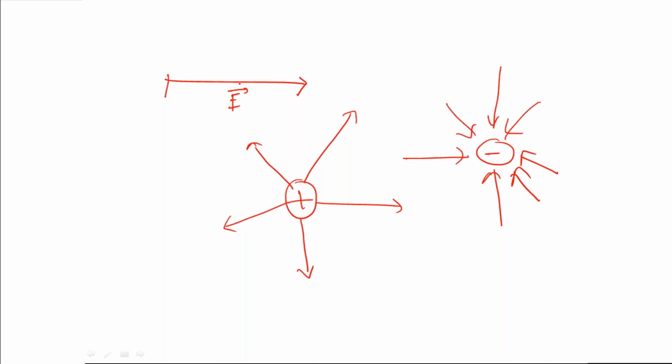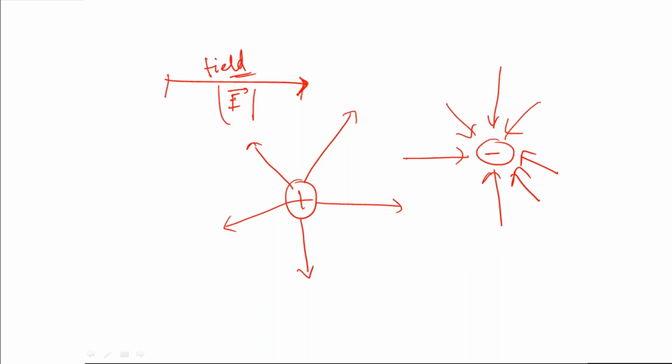The length of the line gives the magnitude of the electric field, and the arrowhead gives the direction. An electric field always goes from positive to negative. These are called electric field lines, or field lines. This term was given by Faraday, this field line representation.